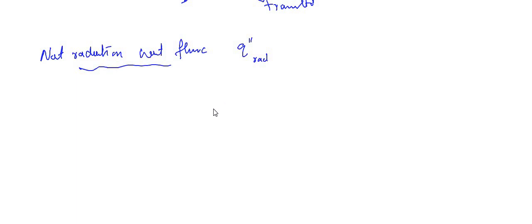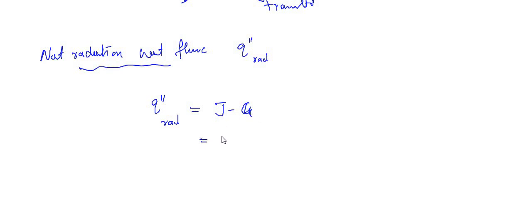So q radiated can be given by J minus G, where J is the radiosity, which is whatever is going out, and G is the irradiation, which is whatever is coming in.